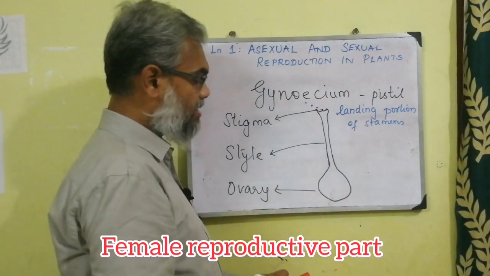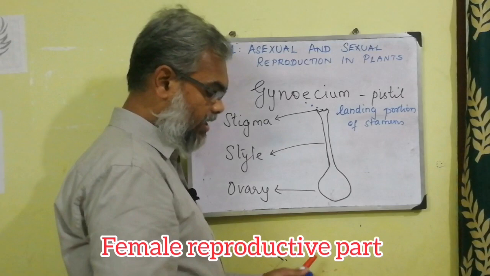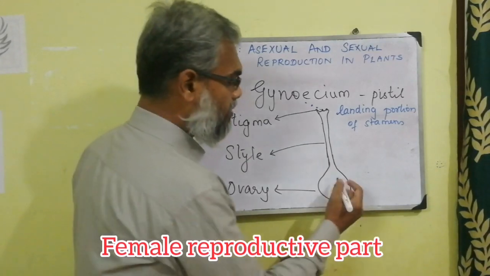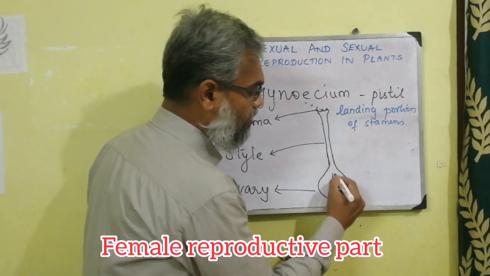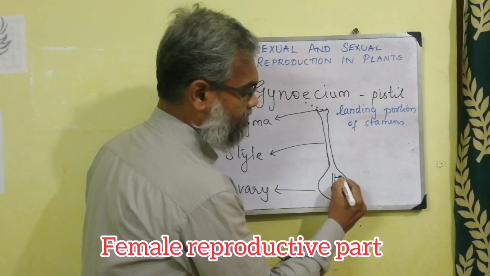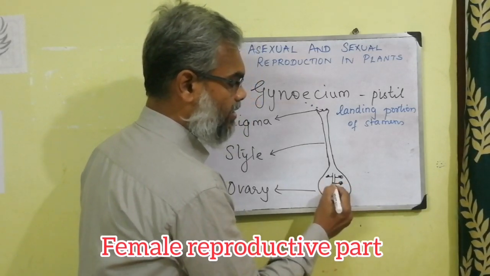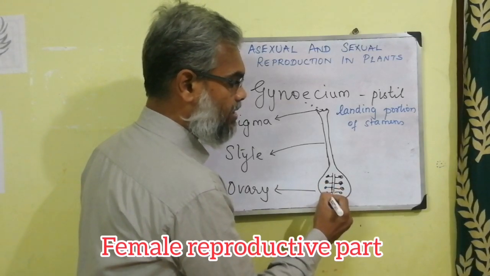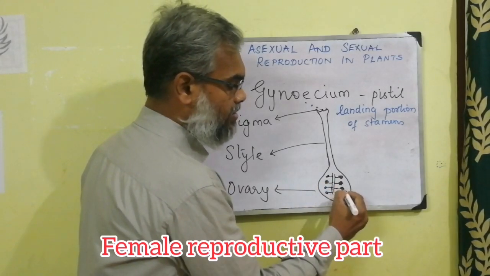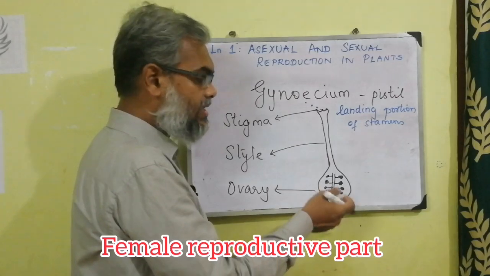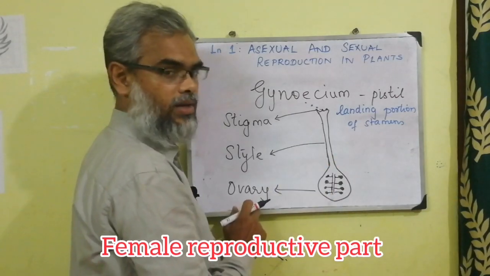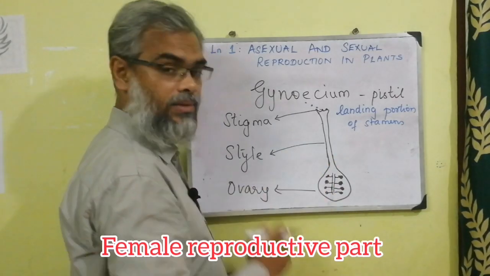The third part, ovary. Ovary has ovules. If you see, the ovule is present here. I am drawing a rough diagram. So the ovule is present. This, everyone, is an ovule. The ovule is enclosed in the ovary.